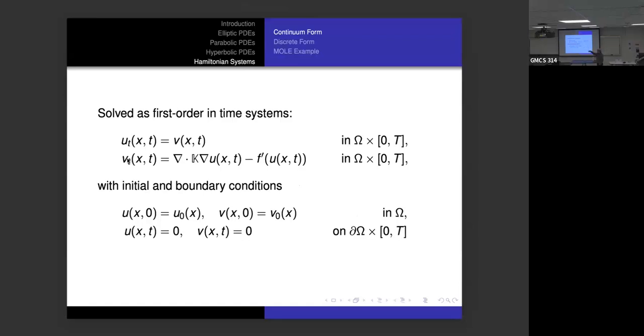Even though you can solve it in a second order way, I prefer the first order system. So you write a first order system right there. Here are the initial and boundary conditions.